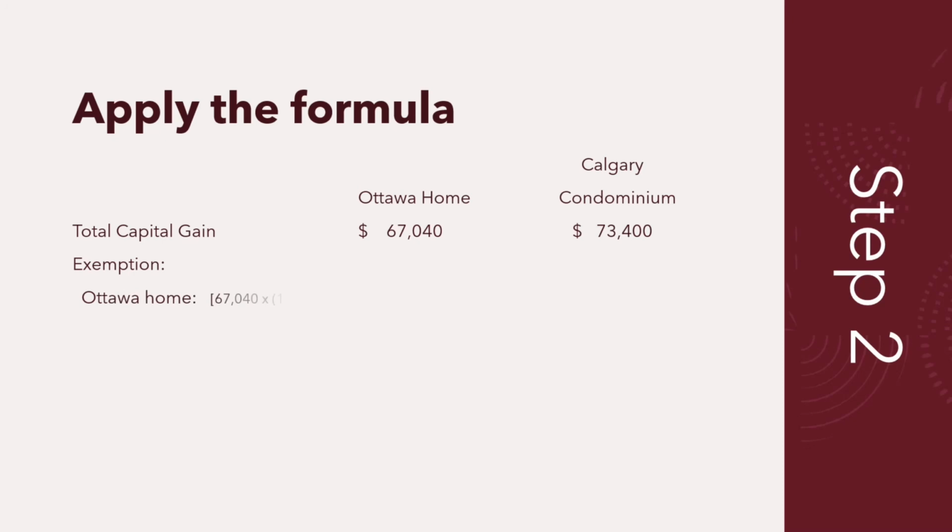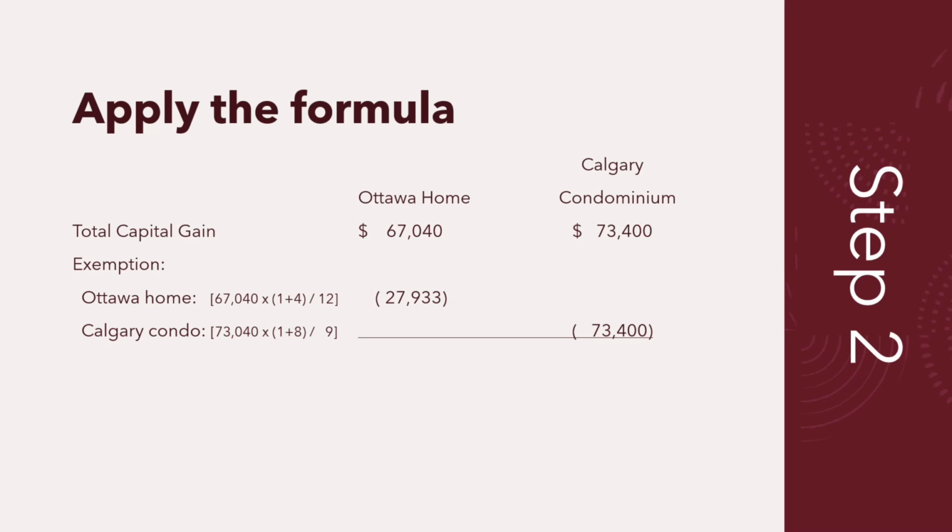For the Ottawa home, we take the capital gain, times it by 1 plus the number of years it will be designated as the principal residence, divide it by the number of years of ownership, we get $27,933. For the Calgary condo, we take the capital gain of $73,040 and multiply it by 1 plus 8, and we divide it by 9.